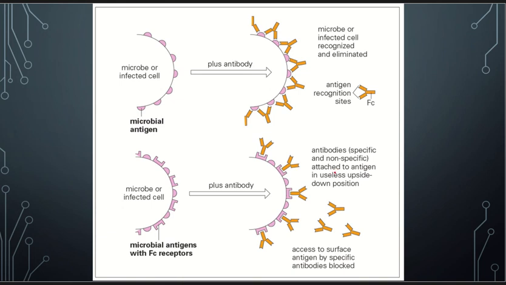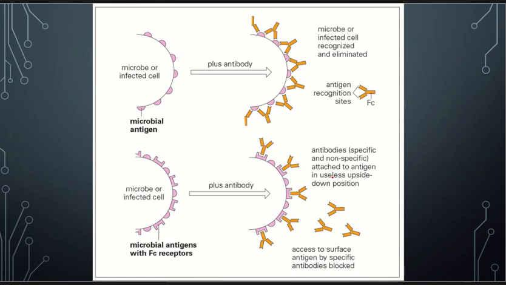One of the major virulence factors of a major bug that we've studied extensively has found a way to work around this, which is pretty ingenious. So some of these microbes have found a way to circumvent our host immune system through the cranking out of Fc receptors, just like our immune cells do.